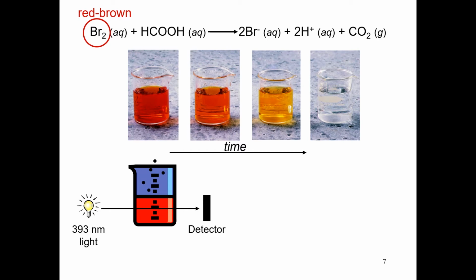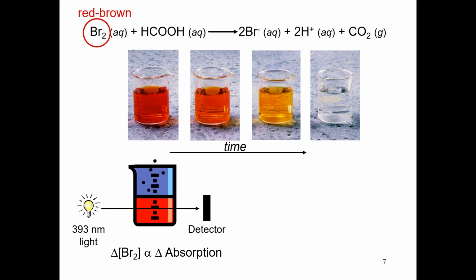In the case of the bromine solution, we know that it has a maximum of absorbance when light of 393 nanometers wavelength is shined through the solution. There is something called the Beer-Lambert law, which says that in essence, the concentration of the solution is going to be directly proportional to the absorbance of light.